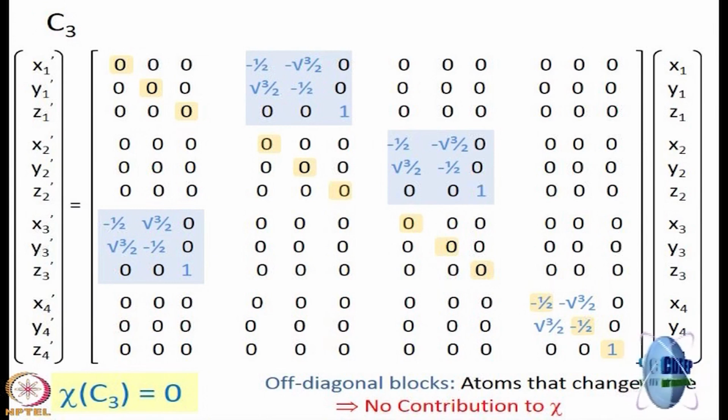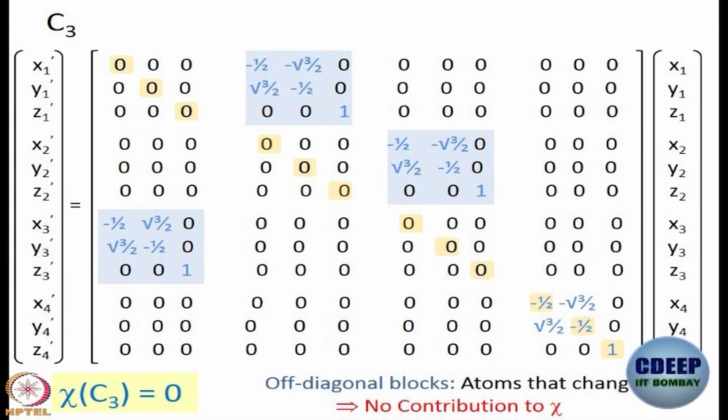But we have actually learned something very, very important from this exercise. What is it that we have learned? You see, these blue blocks are what we had worked out from the coordinates initially. What is this one?